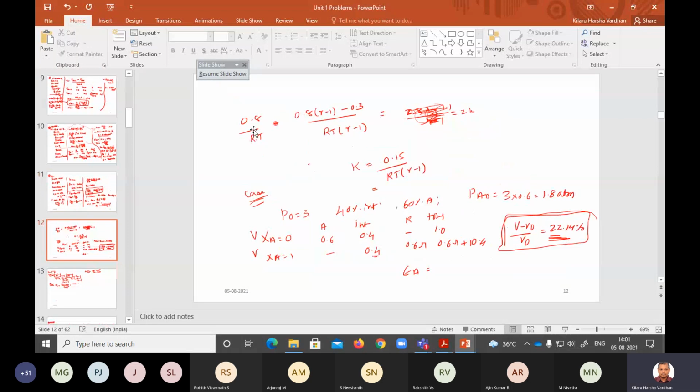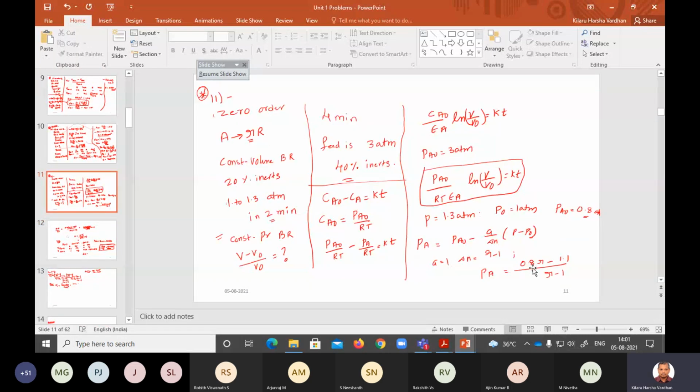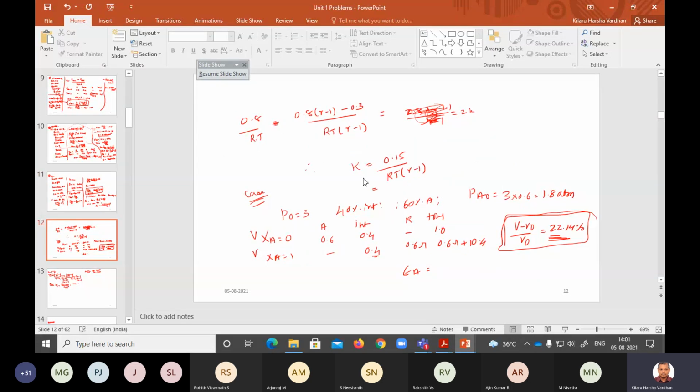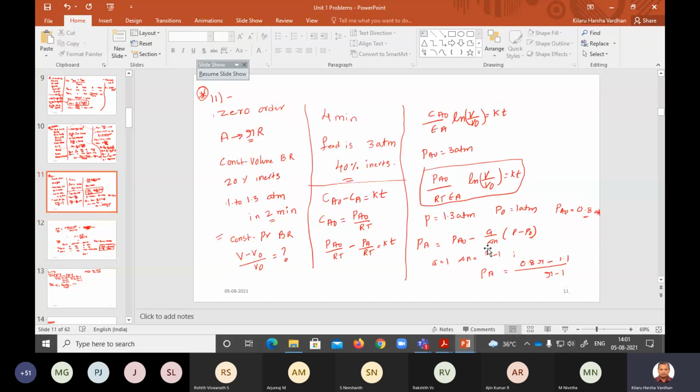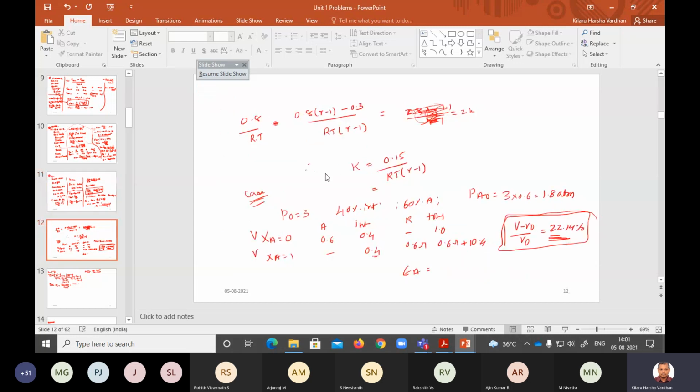Now if I substitute whatever is given here, you can get this particular thing. What is epsilon? For epsilon, you calculate V at XA is 0 and V at XA is 1. So A is 0.6, inert is 0.4, R is 0, total is 1. So A is 0.6, inert is 0.4, R will be 0.6 times r.